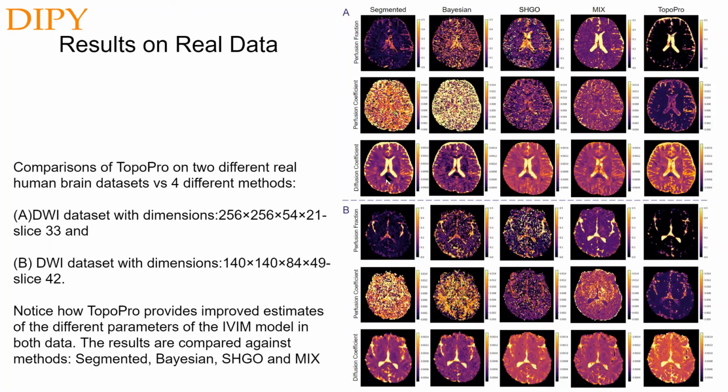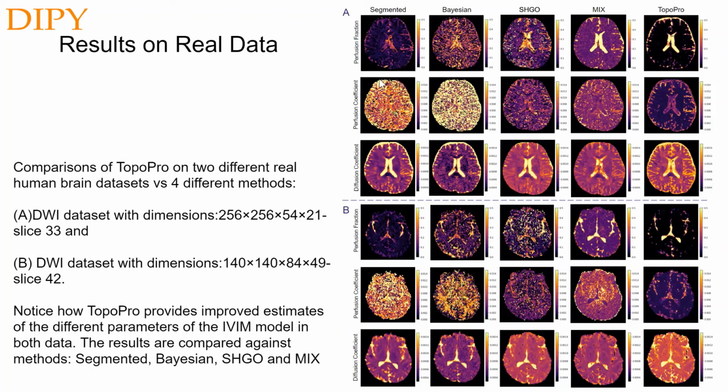So that is what segmented corresponds to. Bayesian is a Bayesian formulation for solving this IVIM. Then one is with plain SHGO, the fourth is with mix, and the fifth column corresponds to the method that we are proposing.